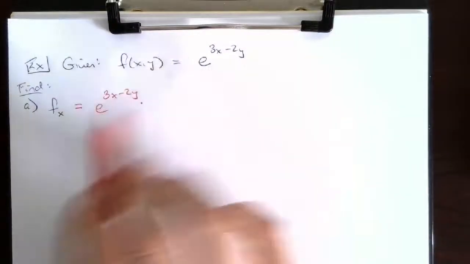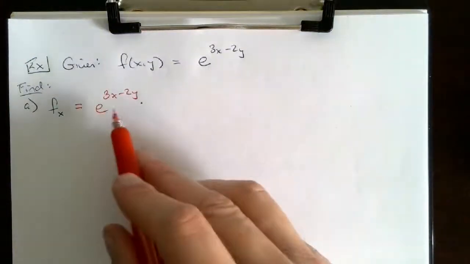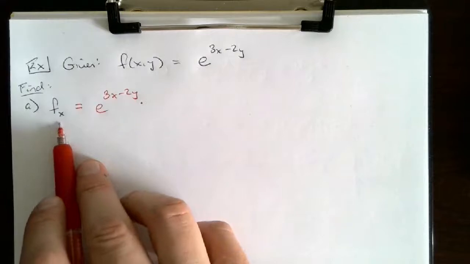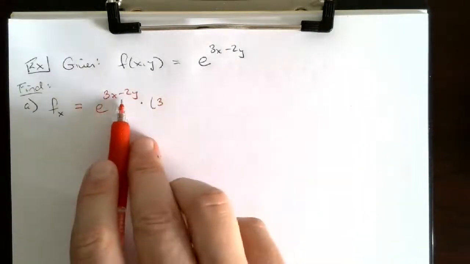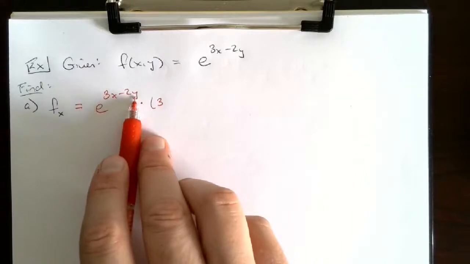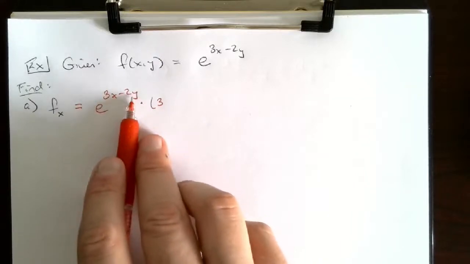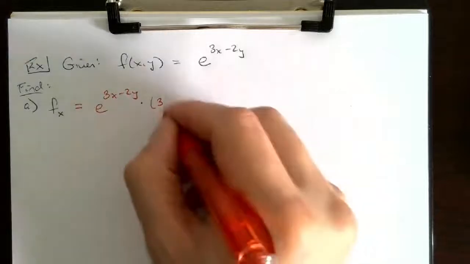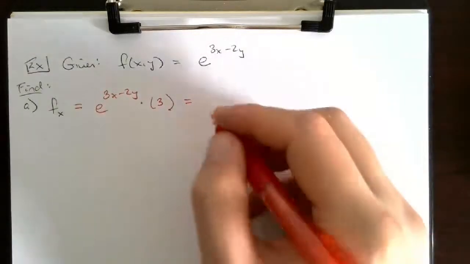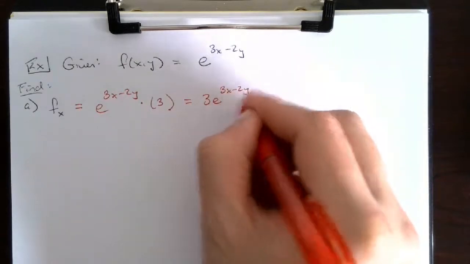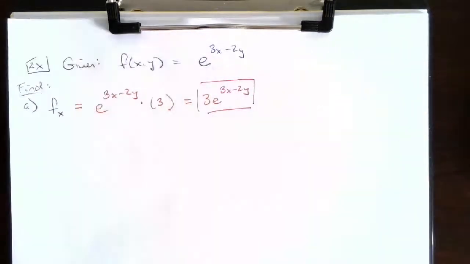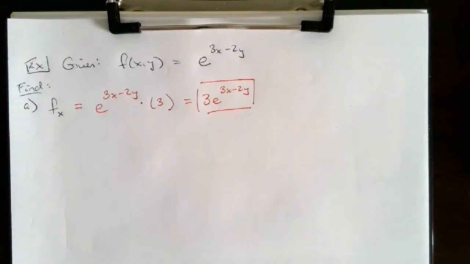Remember, this is with respect to x, so the derivative of 3x will be 3. Minus 2y, well, y is a constant now, so this whole thing is a constant. The derivative of a constant always goes to 0, so this is just going to be times 3. So simplifying this, you have 3e to the 3x minus 2y. And that's the partial derivative of f with respect to x.